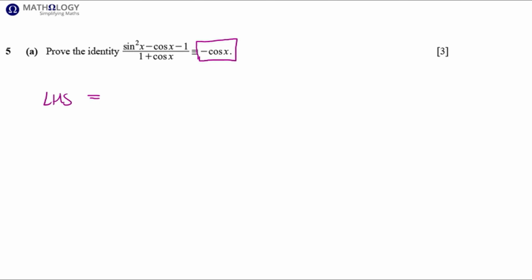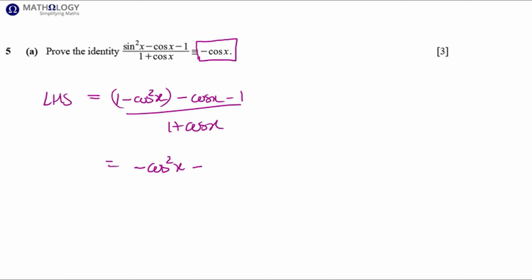So the fact that we've got sine x and cos x on the left-hand side, we're going to have to write the sine squared in terms of cos. So sine squared will be 1 minus cos squared x, minus cos x minus 1, over 1 plus cos x. We can just clean this up a bit. So we'll have minus cos squared x minus cos x, then we have 1 minus 1, which is 0, divided by 1 plus cos x.